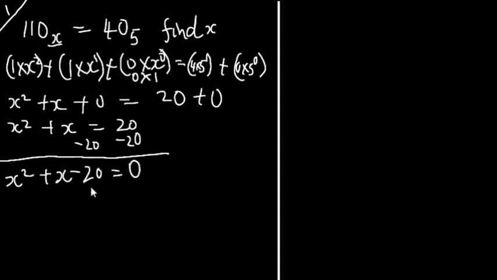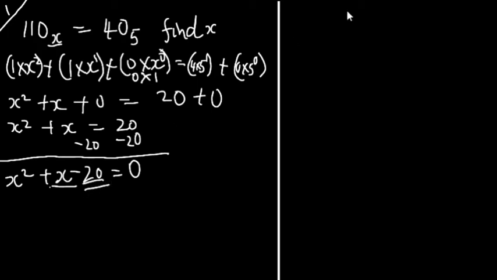So this is a quadratic equation with 3 terms. In order to factorize this equation, we need to find the two variables that whenever we add or subtract them we are going to get x, and whenever we multiply the coefficients of the variables we are going to have minus 20.